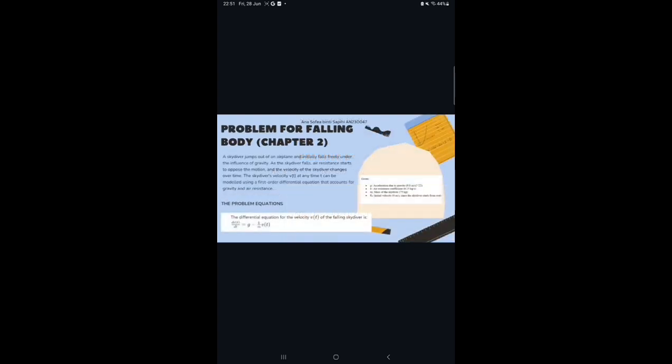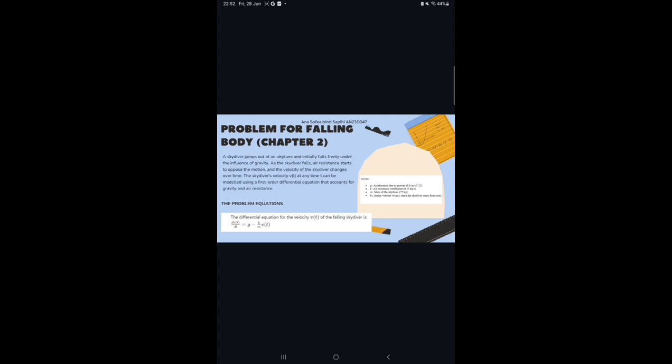For the next slide, as you can see, there is a situation for the problem, and the problem equation is the differential equation for the velocity v(t) of the falling skydiver: dv(t) over dt equals g minus k over m v(t).